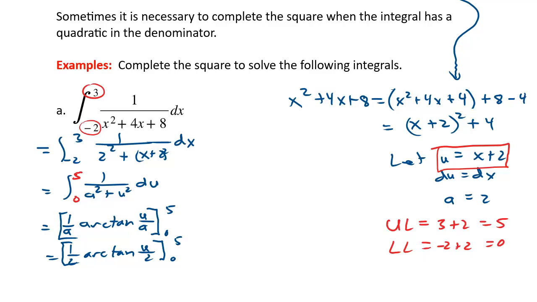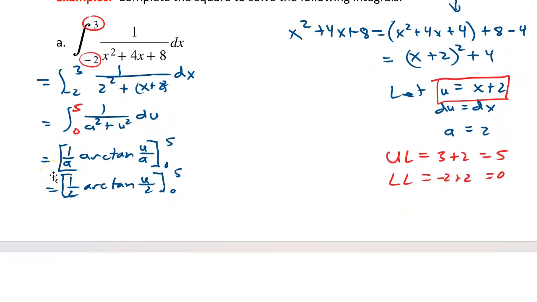from 0 to 5. Now we don't want to go back to what our u was because we changed our limits. So this is going to be 1/2 arctan of 5 over 2 minus 1/2 arctan of 0 over 2.